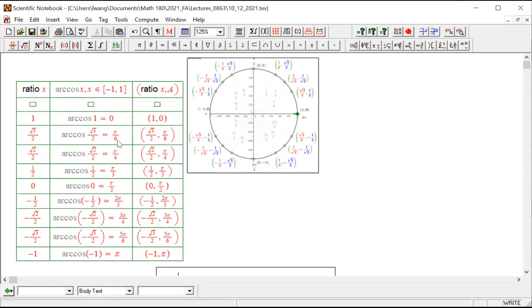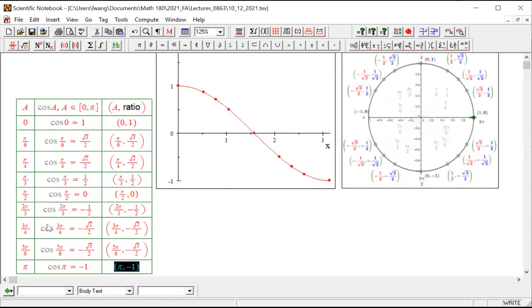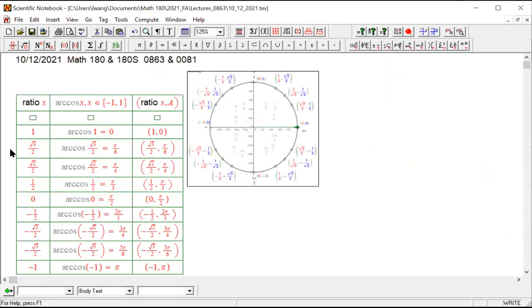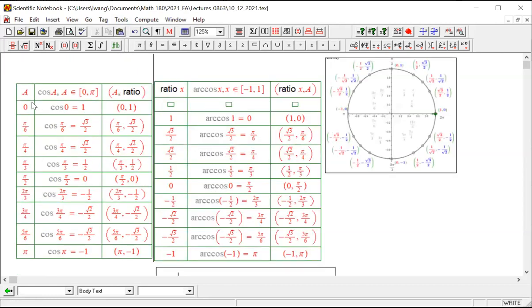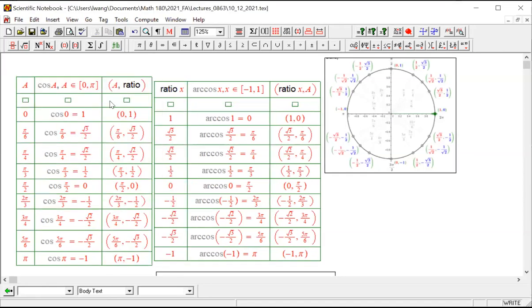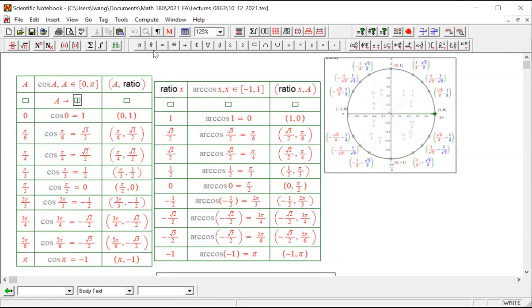For cosine, for this table, I'm still going to bring this table with us. For this table, angle is the input and ratio is the output. Cosine A comes out as a ratio.